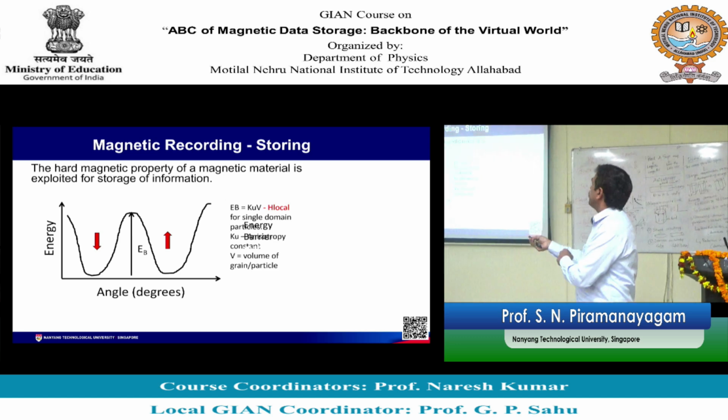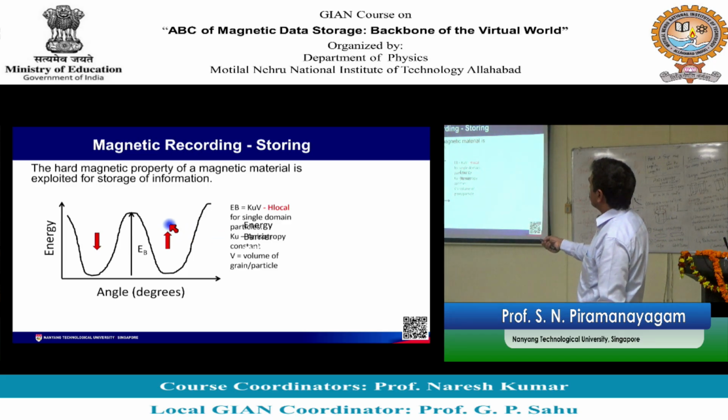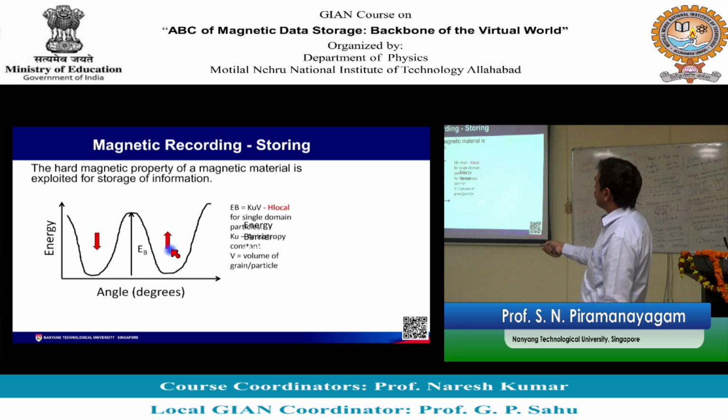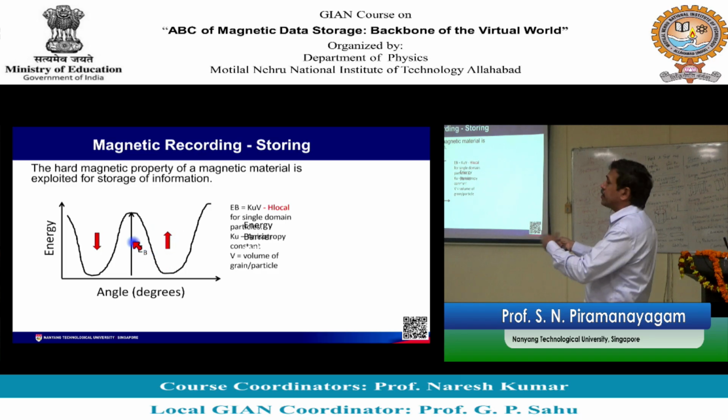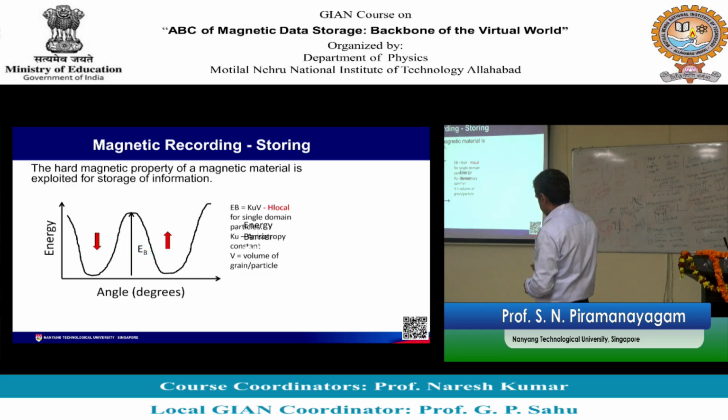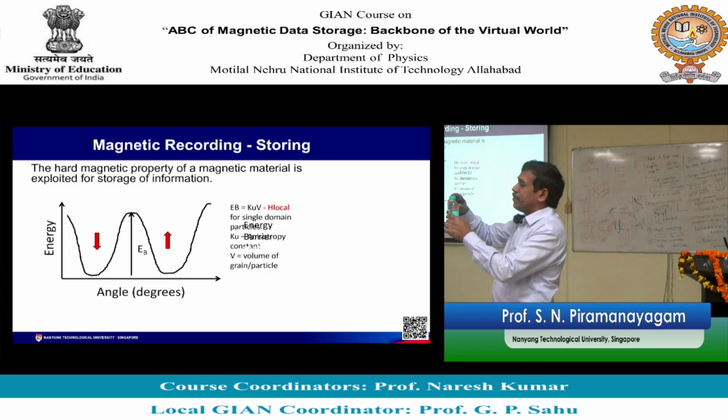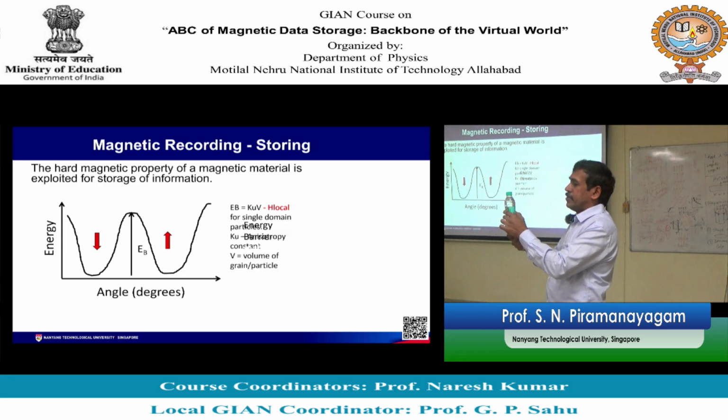Yes, let us say this is north pole, this is south pole. So you have a magnet with the north pole facing up, south pole in the down direction, but you want to flip the magnet. Okay. For example, this is my magnet, initially north pole is up, south pole is down, but I do not want to rotate.